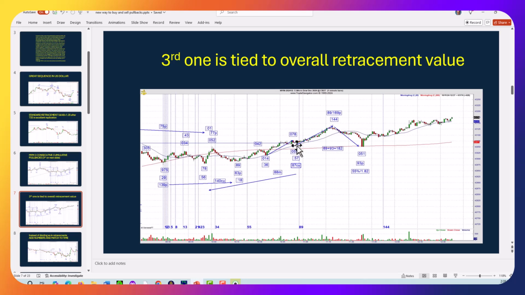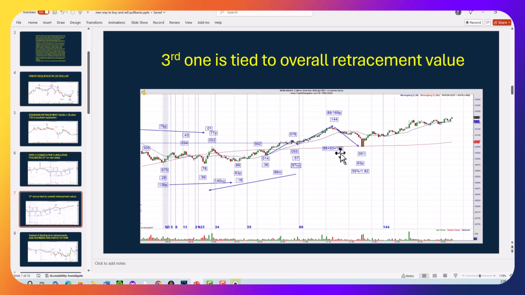Okay, now here's the next one. We have an 89-point leg and a 93-point pullback. That equals a 182.